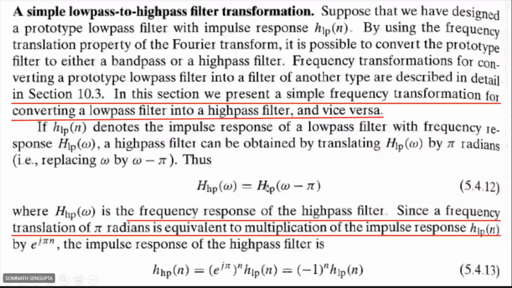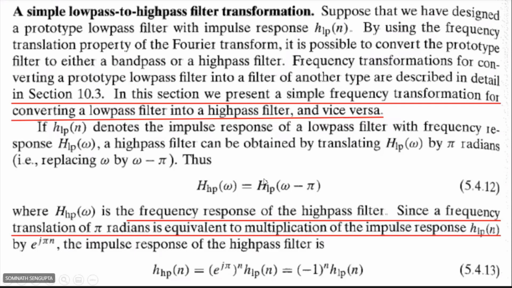Okay, so at 0 frequency, we get 0 gain for the high pass filter. Now this is the translation formula of low pass filter to high pass filter, just changing the variable omega by omega minus pi.